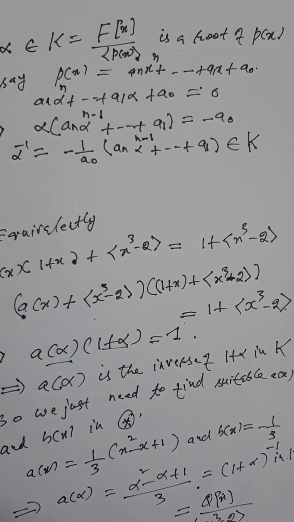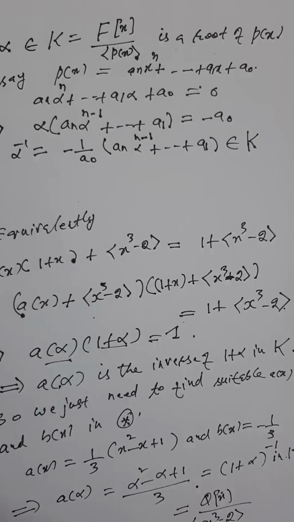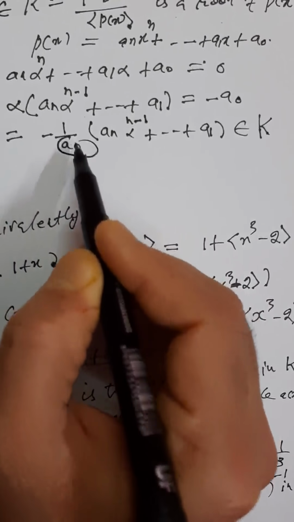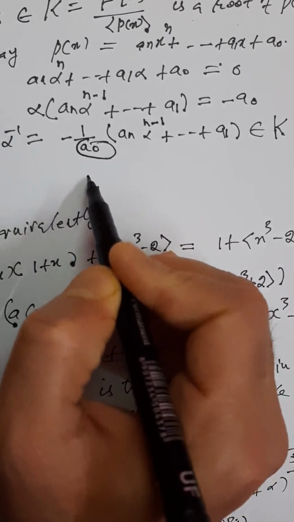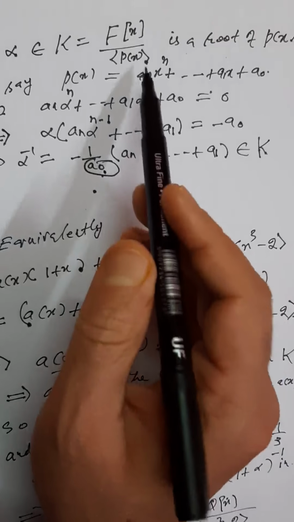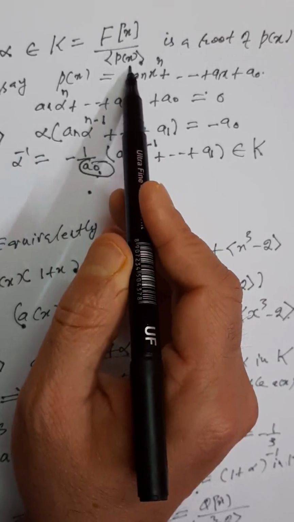Now you might ask one question: what happens if this a0 is 0? Of course this a0 is not equal to 0, because if a0 is 0, then this polynomial p(x) would become reducible.